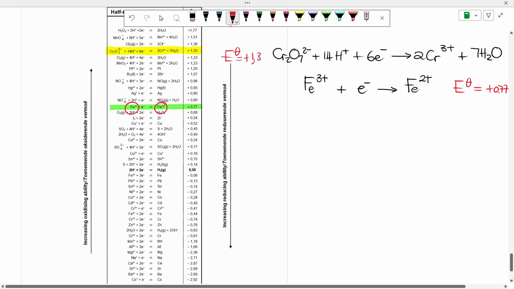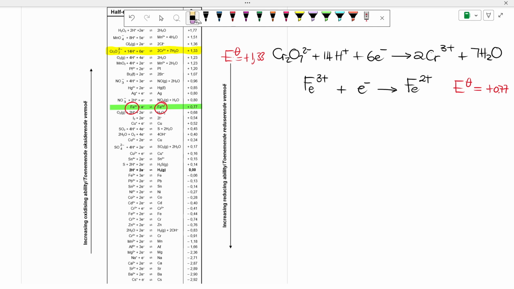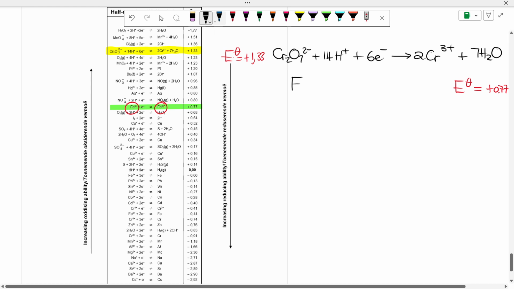And then the E naught of this one is plus 1.33. So looking at these two half reactions, which one will stay the same? Which one will stay the way it is? The first one, yes, exactly, because the E naught is larger there. So then the second one has to flip. I'll then write it this way.